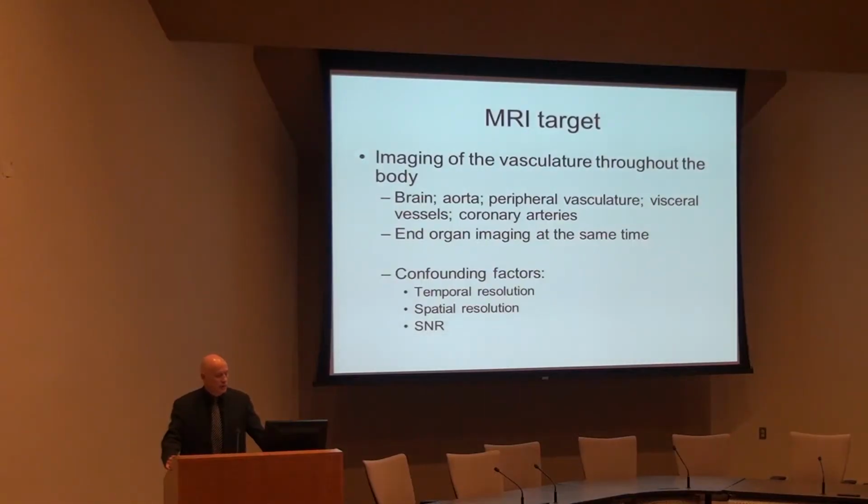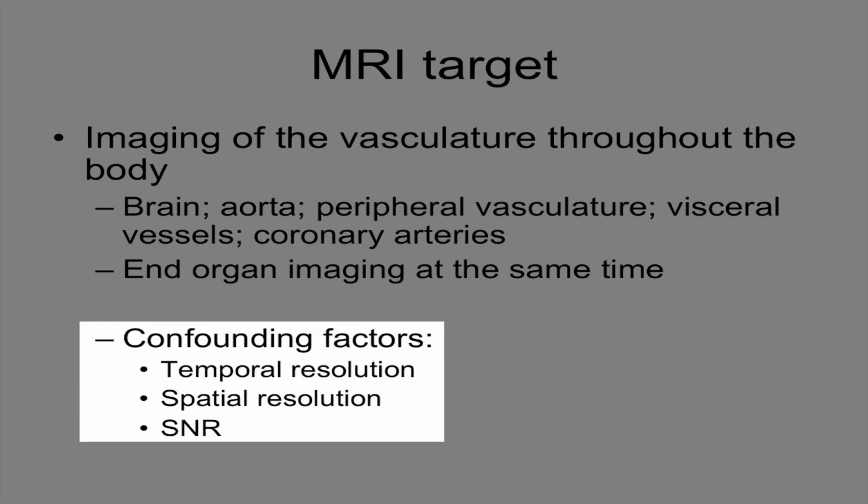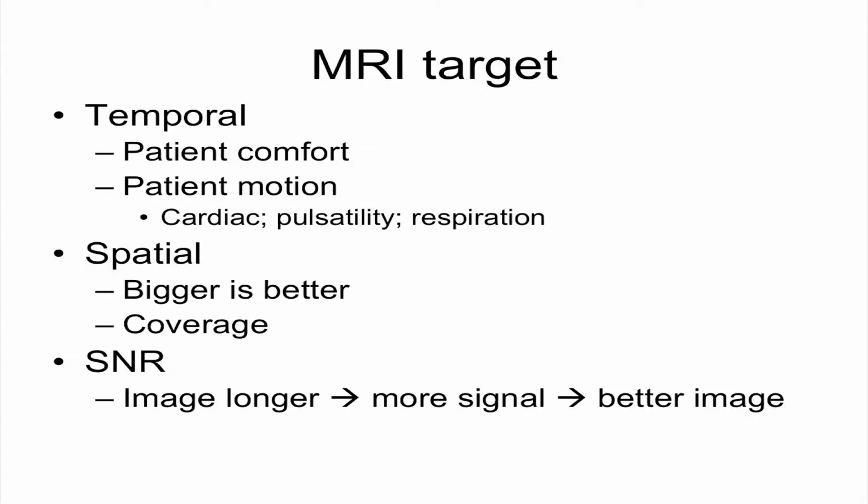For those of you that use MRI, there's the holy triumvirate of confounding factors. You either have time constraints, spatial constraints, or the amount of signal that you can generate from the MRI image.